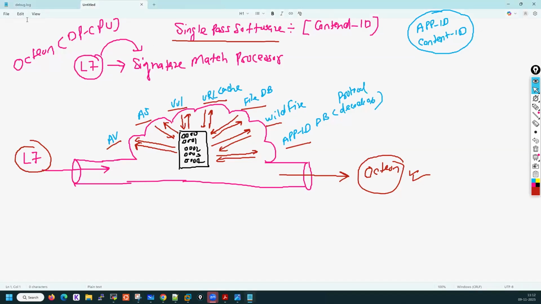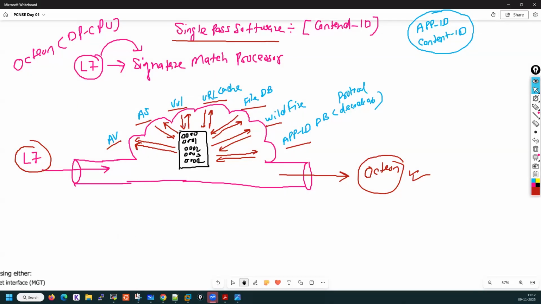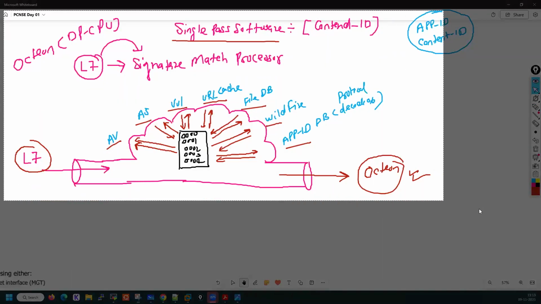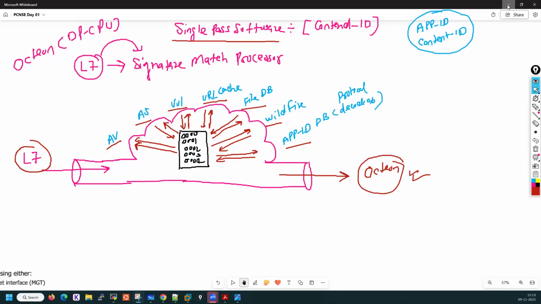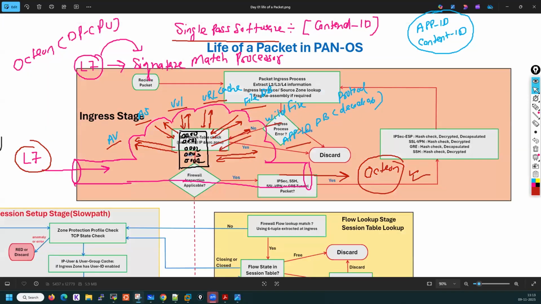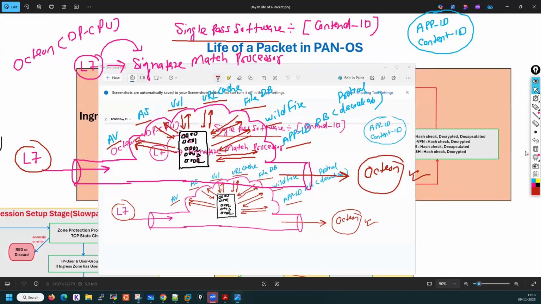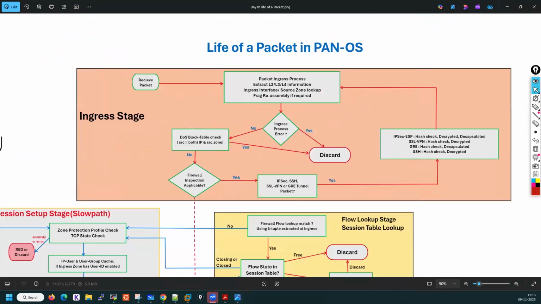I want to take the screenshot for this, but the snipping tool is not responding. Oh, it's there only, sorry. Okay, I just took this screenshot. So I'll take this also for reference purposes. Let me remove this.